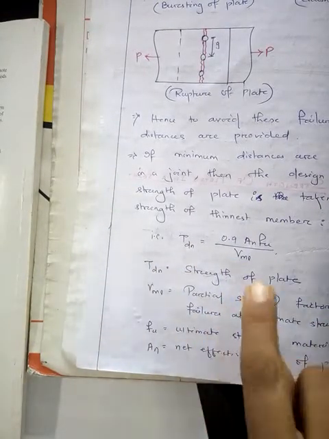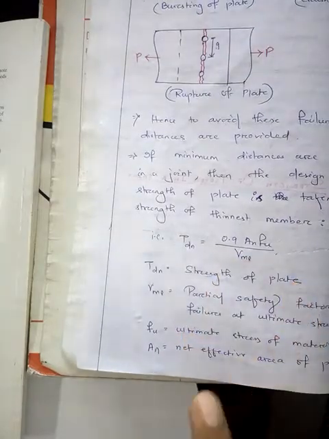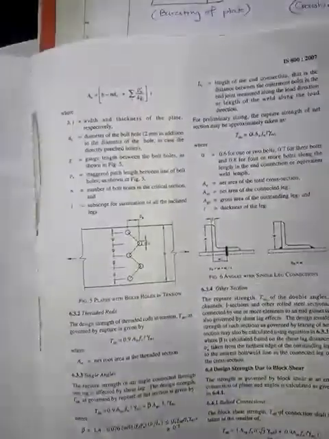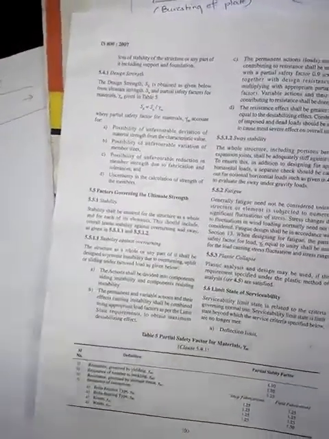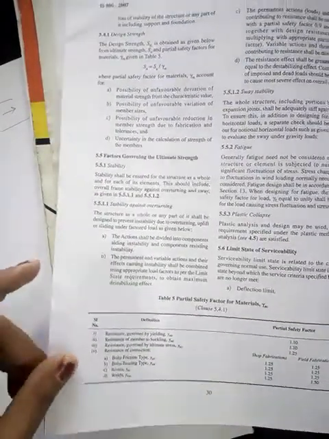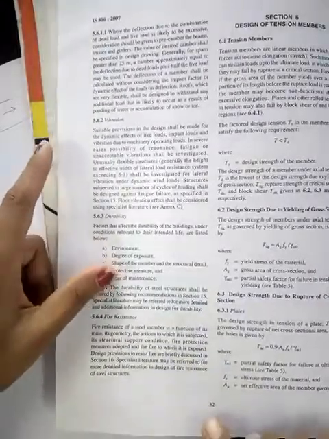Now let us find this formula in the code book, IS 800. To find out the strength of plate, just go two to three pages forward from partial safety factor, as partial safety factor has been given in Table number 5 on page number 30. Just go to page number 32.